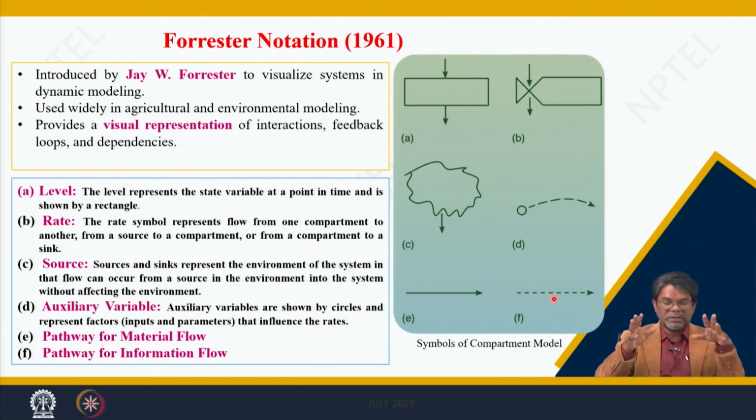So these are the symbols used in crop modeling. The symbols are brought from the Forrester notation of 1961, and they are used to represent a flow chart.